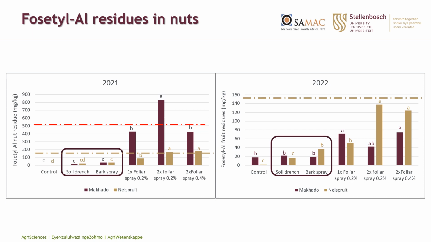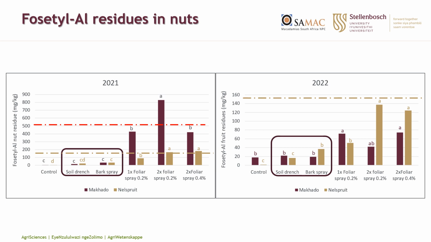Again, for unknown reasons, as I previously mentioned, the translocation and storage of phosphite in trees are complex, and we don't understand very well how that occurs.